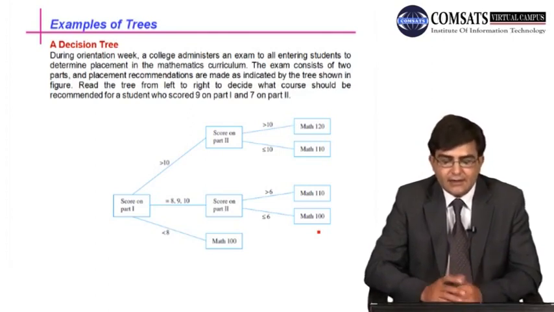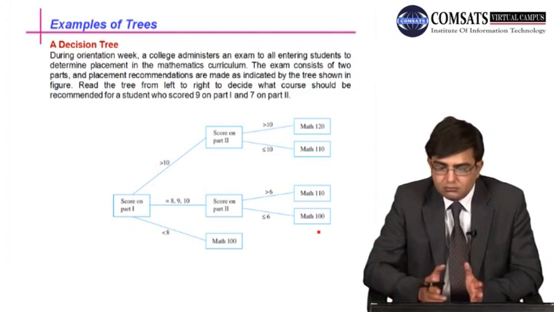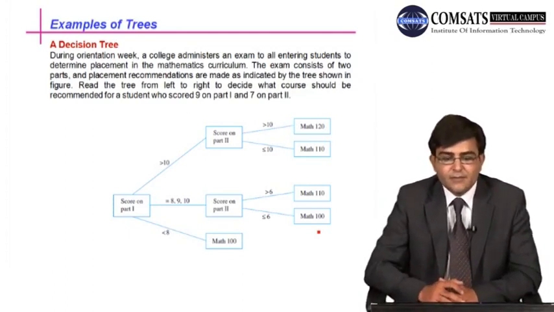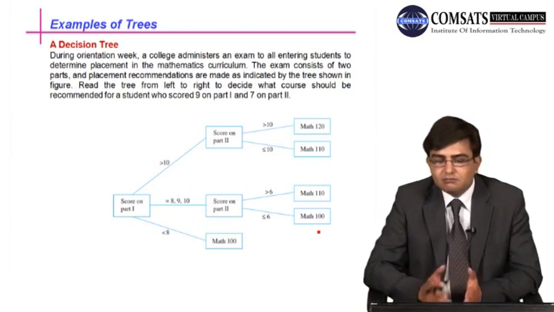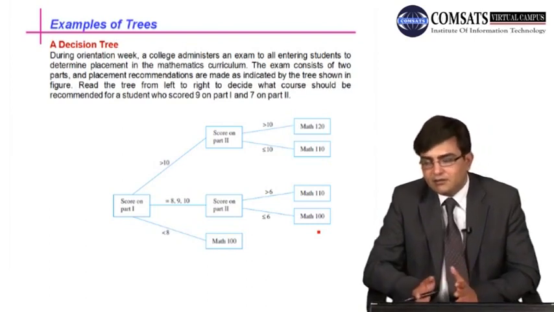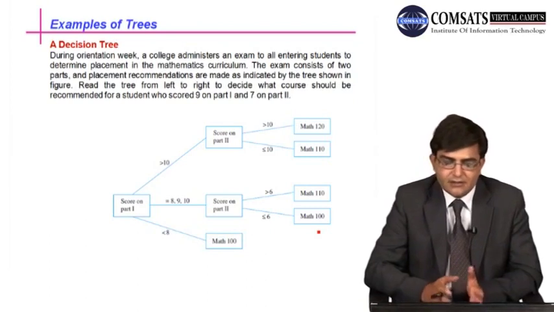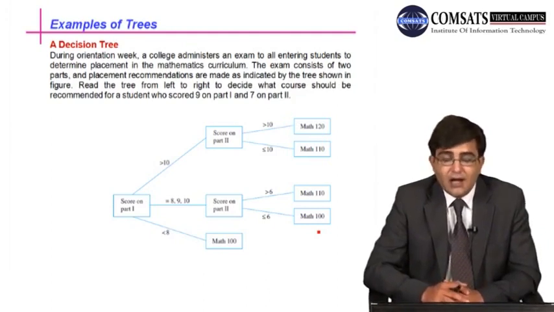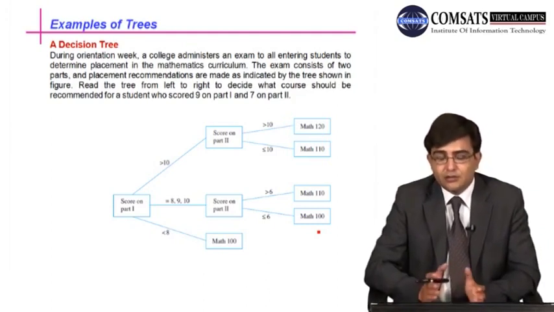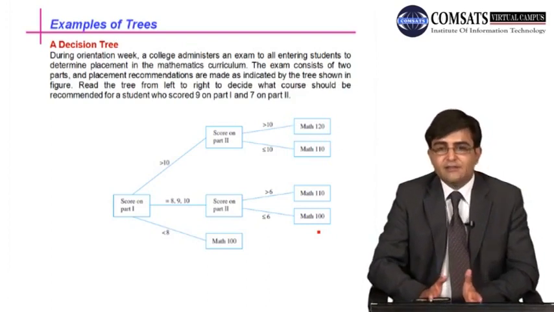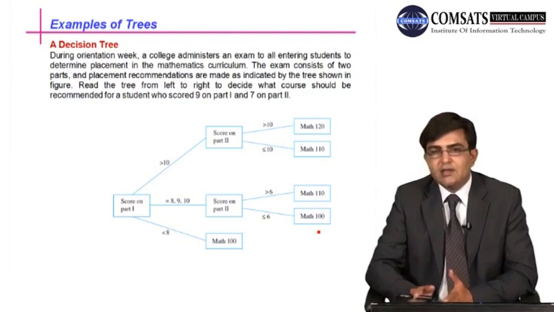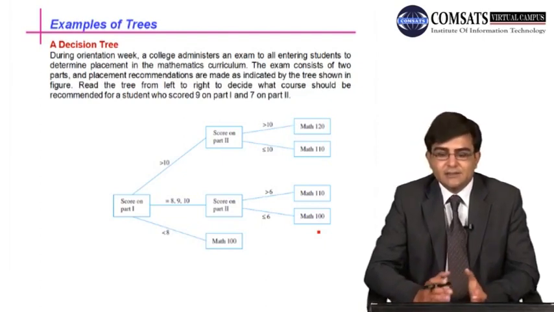You can say that if you are studying BS Computer Science in a university, in the first semester and second semester you obtained some marks, and on the basis of these marks, you are going to choose subjects in the third semester.